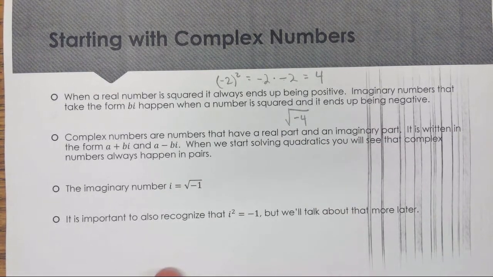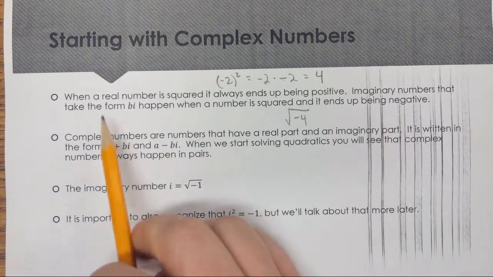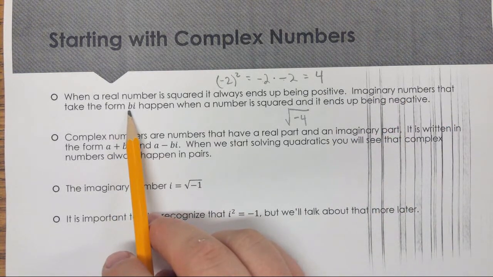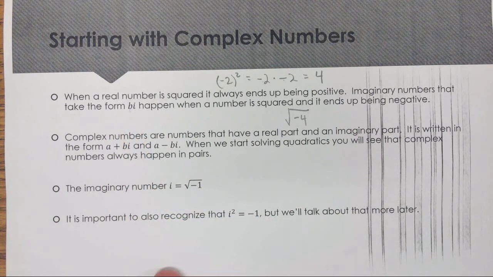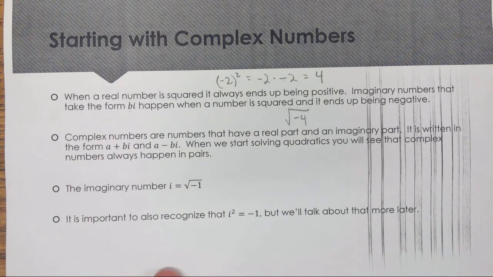Well, I need a way to deal with that. And to do that, I use imaginary numbers. They take the form of a real number b times i, and it happens when a number is squared and it ends up being negative. We know that can't really happen, so in the craziness of our own math minds, we just do this imaginary situation.